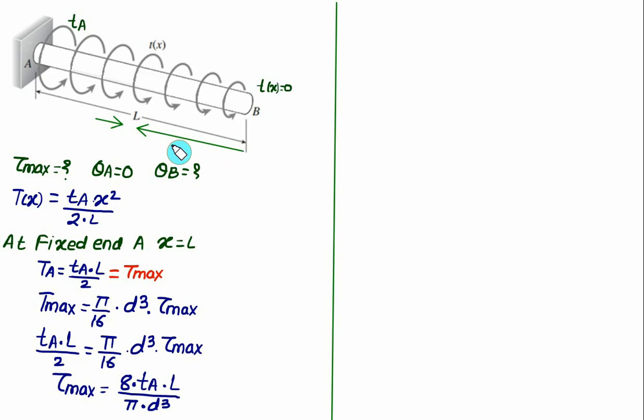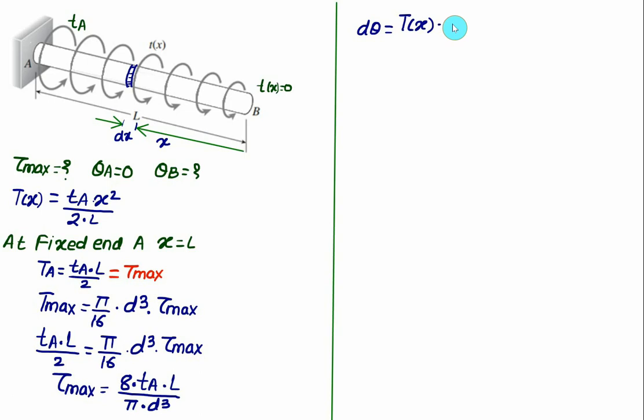Next job is to calculate the value of theta B. To calculate the value of theta B, again we have to consider one element of length equal to dx. That element we can show somewhere here of small length equal to dx. Over this section we can calculate the value of d theta as TL by JG. So we have to consider the internal torque equal to Tx.